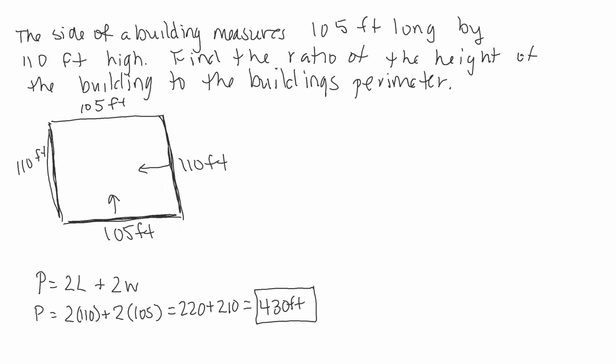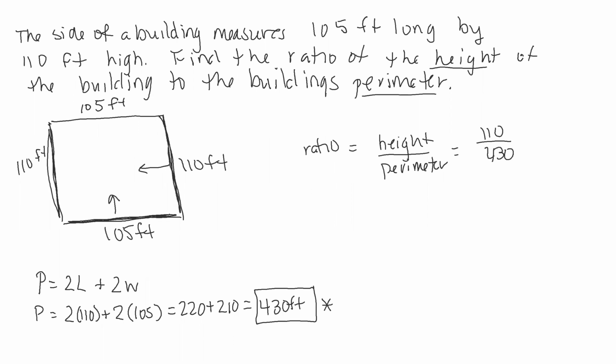Now for the ratio. They want the ratio of the height of the building to the perimeter. Well, what was the height of the building? We were told that the building has a length of 105 feet and a height of 110 feet. So the height of the building is 110. And then we need the perimeter of the building, which we found down here to be 430.